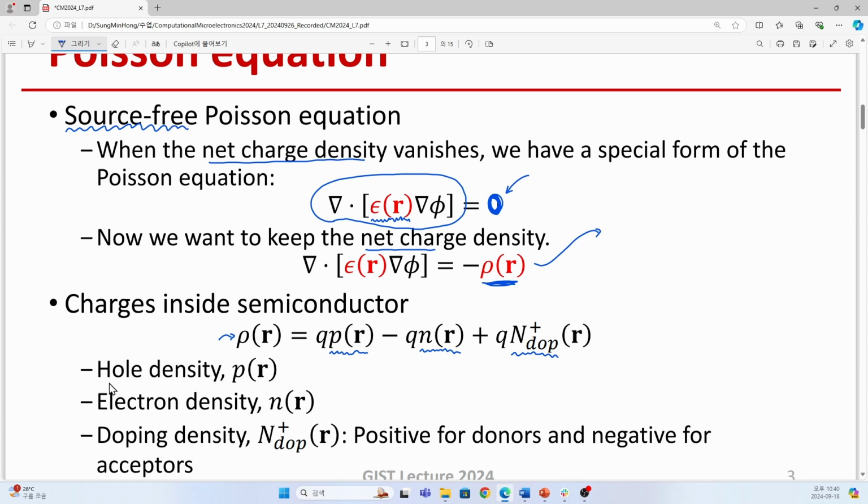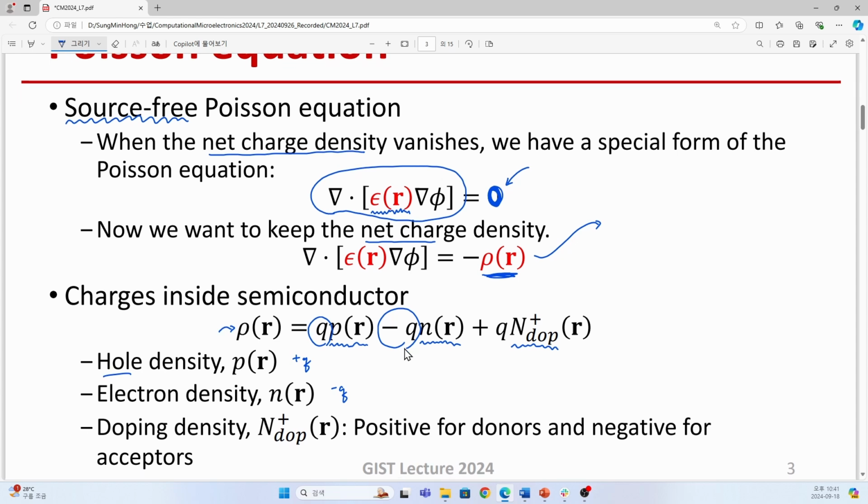Of course, holes contribute positive q to the net charge density, so we multiply by positive q, and each electron contributes minus q, so we multiply by minus q.